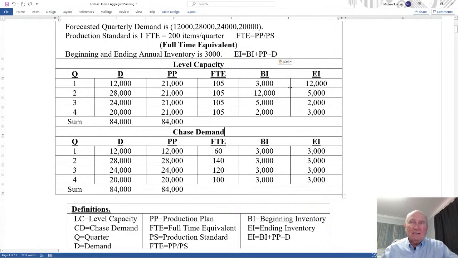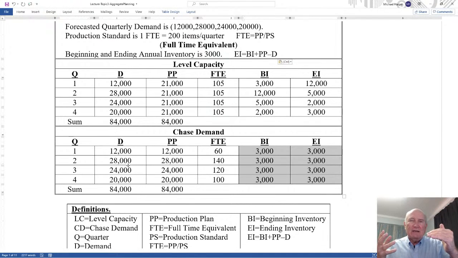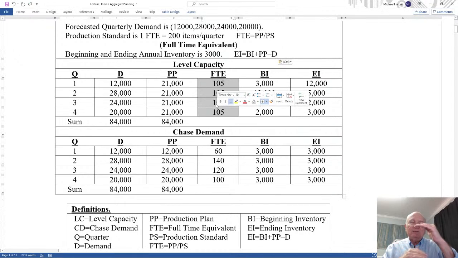And we'll see that a little bit later, that if you want to control your inventory, I want to disengage or decouple my inventory from my demand. You move to chase demand. And then I can make that inventory whatever I want. And we'll see that in just a second on the next page. But if I want to control my inventory, stabilize my labor, then I go to level capacity.